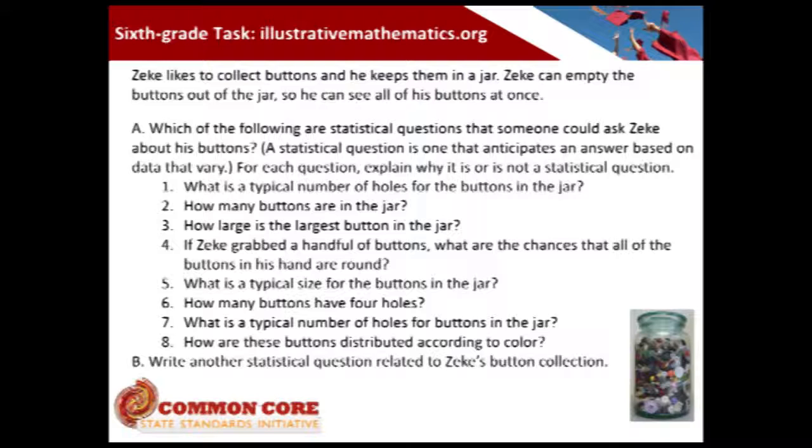The children can go through these 8 questions and discuss which ones do and do not contain variability. I hesitate to use the word variable because of the algebraic idea of that, which is another major concept. But it is the same in the sense that we're asking about things that change, or things that have more than one possibility.